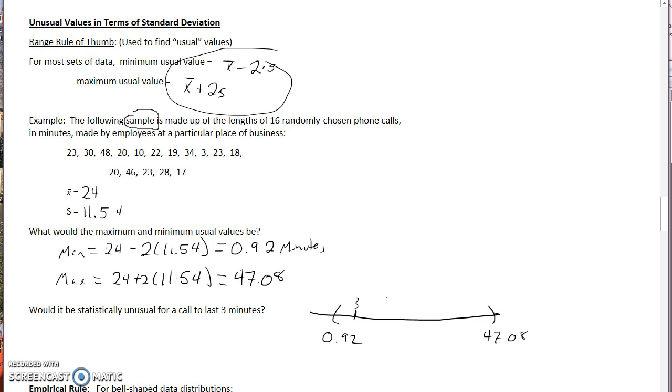If it's inside this range, we would say it's usual or normal. If it falls outside of this range, we would say it's unusual. And we're talking about outside on either side, either over here or over here. So would it be statistically unusual for a call to last 3 minutes? We would say no, it's inside our normal range.